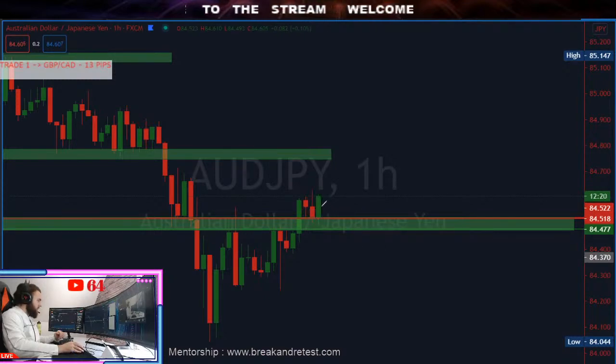In this case, for example, if I would enter around here and then I would have this whole candle push give me 10 pips, then maybe I would go to break even, because it already made a new high here, you know? It made a new high, gave me 10 pips, and now it's coming all the way to the downside.